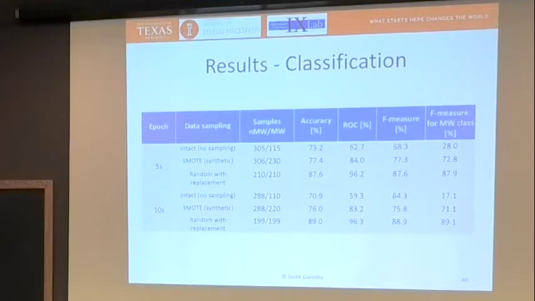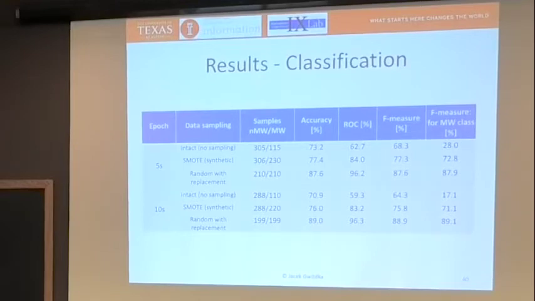One simple way to assess the performance of classification is by looking at accuracy, and we can see here it's around 70% when we use the raw data intact, the data without any additional resampling, and it goes up to about 87-89% when we apply these additional techniques.